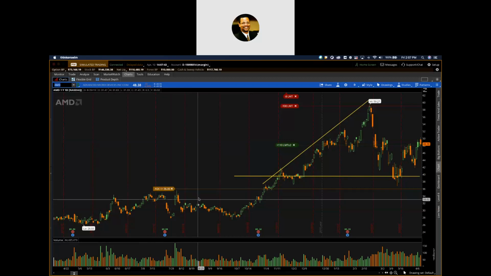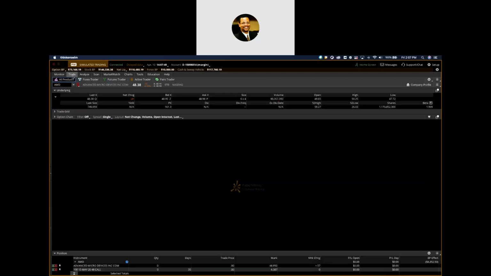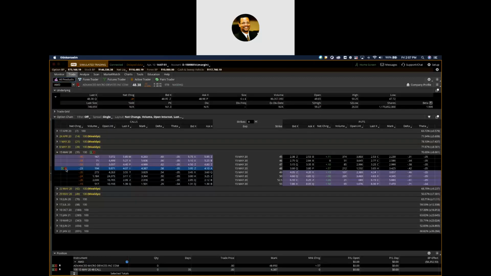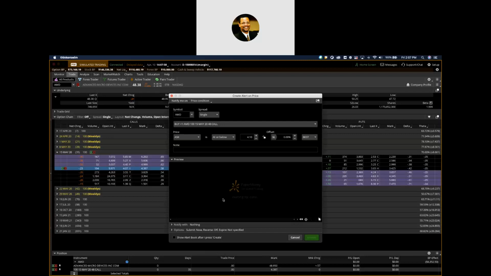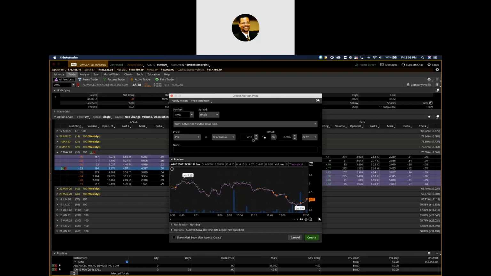You can see that I have an alert on the chart. You can move the alert up and down just like you can move these up and down to change the price. So that's a way to set an alert. You can do the same alerting on an option. So you can go to a particular expiration, particular asking price, right click on it, say create alert. Now it's going to create an alert based upon the option price.